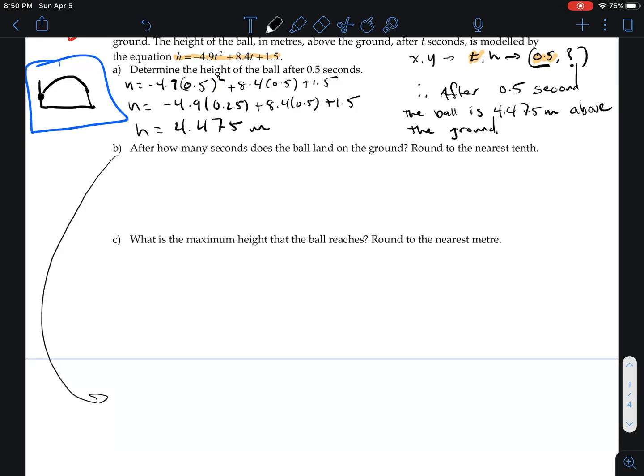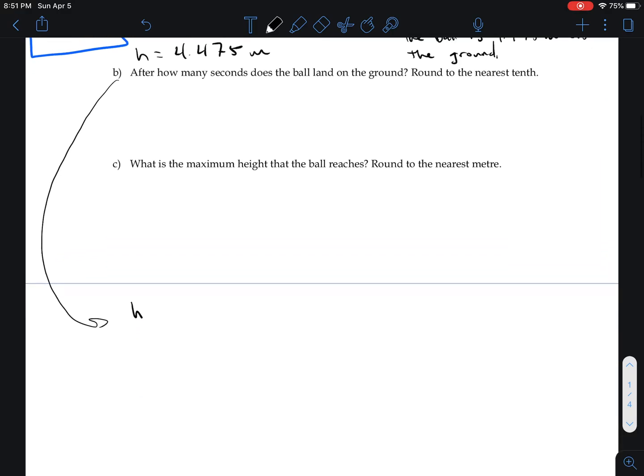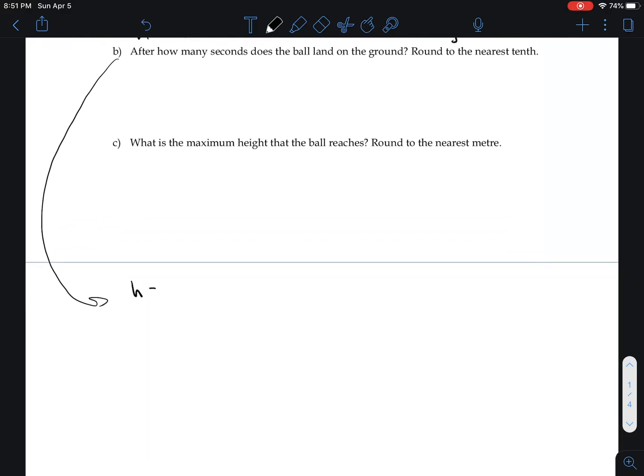So it asks me, after how many seconds does the ball land on the ground? Round to the nearest tenth, okay? So I have this equation. It's H equals negative 4.9 t squared plus 8.4 t plus 1.5.